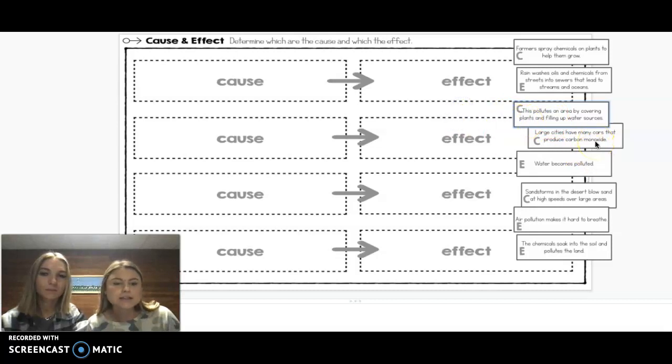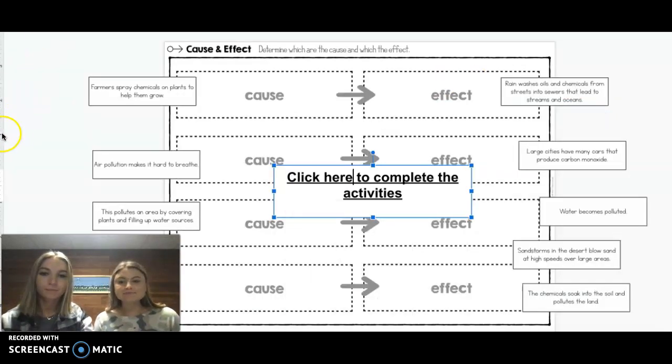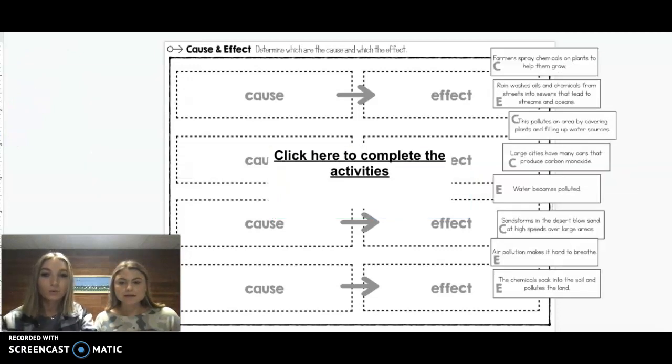One says this pollutes an area by covering plants and filling up water sources. So you would have to find the effect of that and match them. Then you're going to take a picture of your work and post it on Padlet. So we have 2 slides, 2 activities.